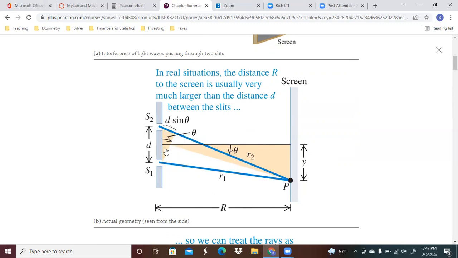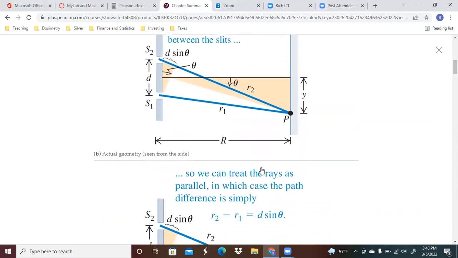Again, this angle and this angle are going to end up being the same measurement. So that's how we know that this angle here and this angle here are the same. If we take whatever the distance here is in the slit and we multiply it by the sine of theta, we can see that this difference here is what's going to trigger these bright spots and these dark spots on the screen.